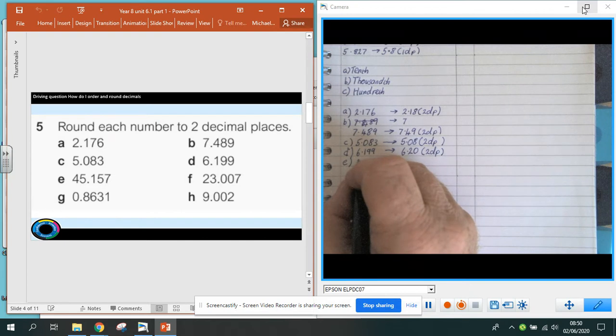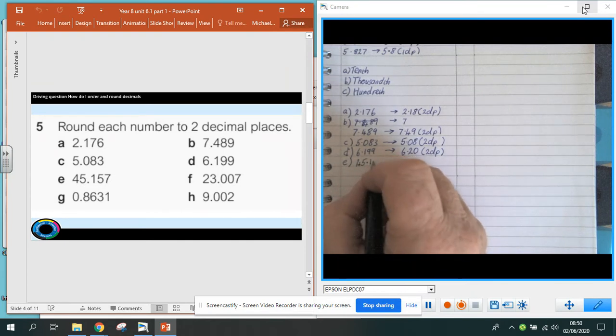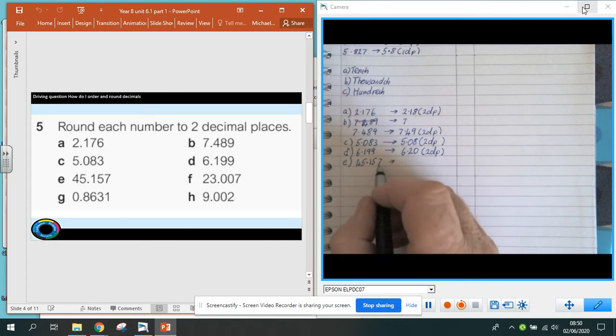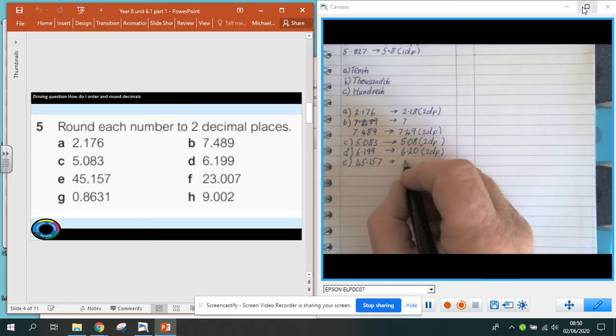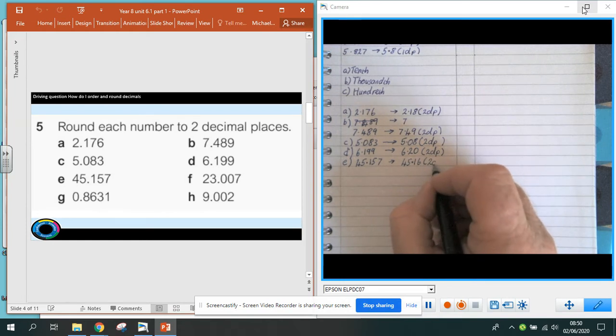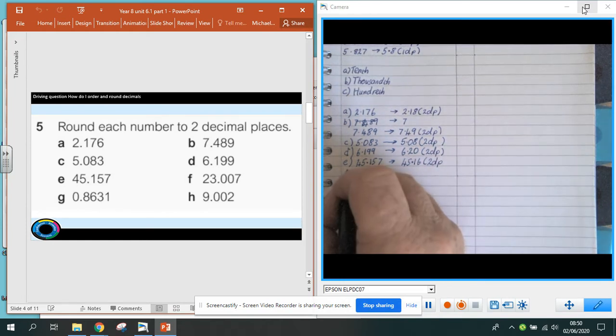E, 45.157. So looking at the 7, 7 means we're going to be rounding it up, so that becomes 45.16 to 2 decimal places.